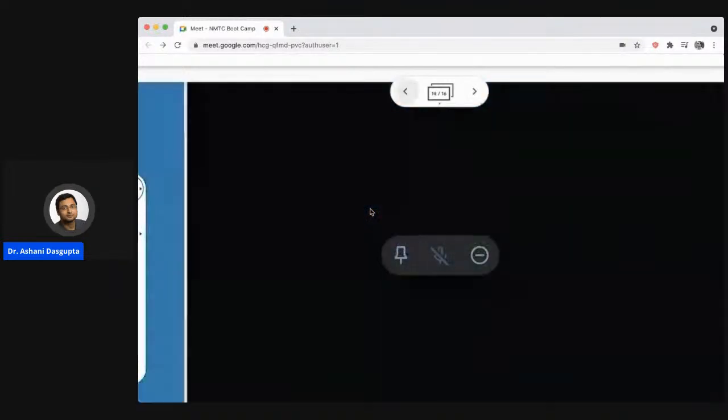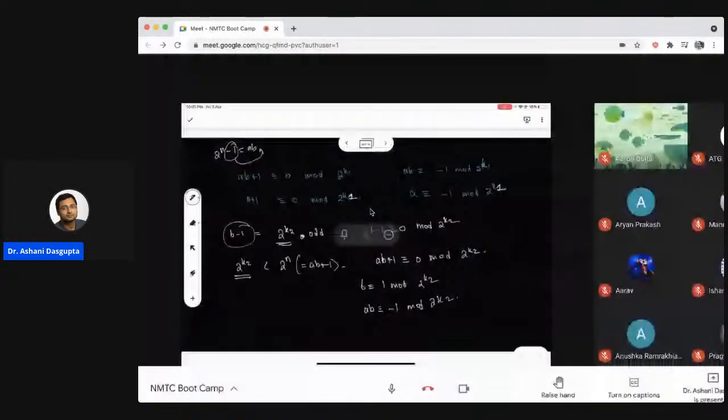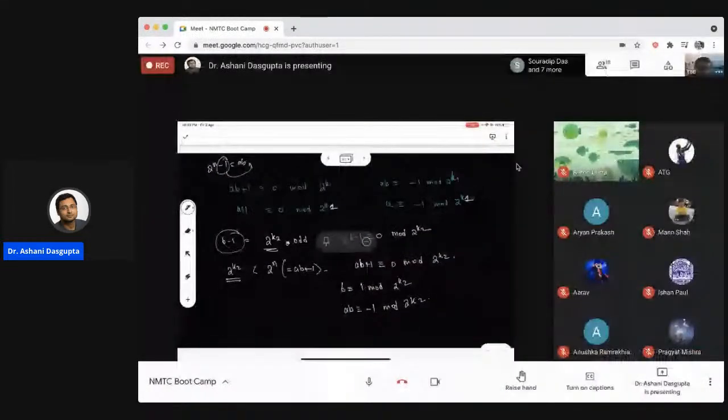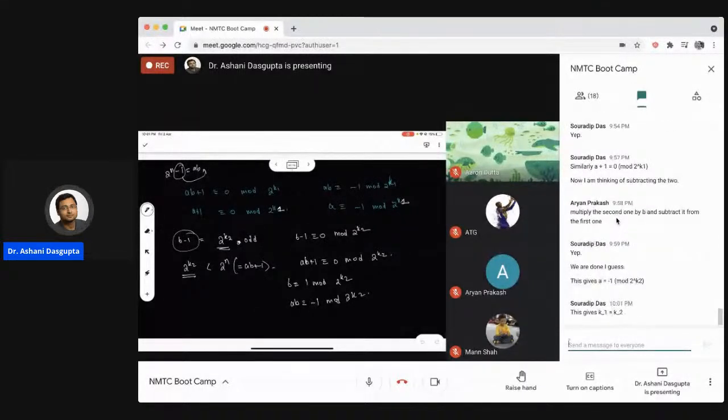Okay, so some of the folks are already giving us solutions in the chat, the final step of the solution, in fact. Aryan Prakash is saying multiply the second one by b and subtract it from the first one. What do you mean by second one? Oh, you are saying the first two lines?